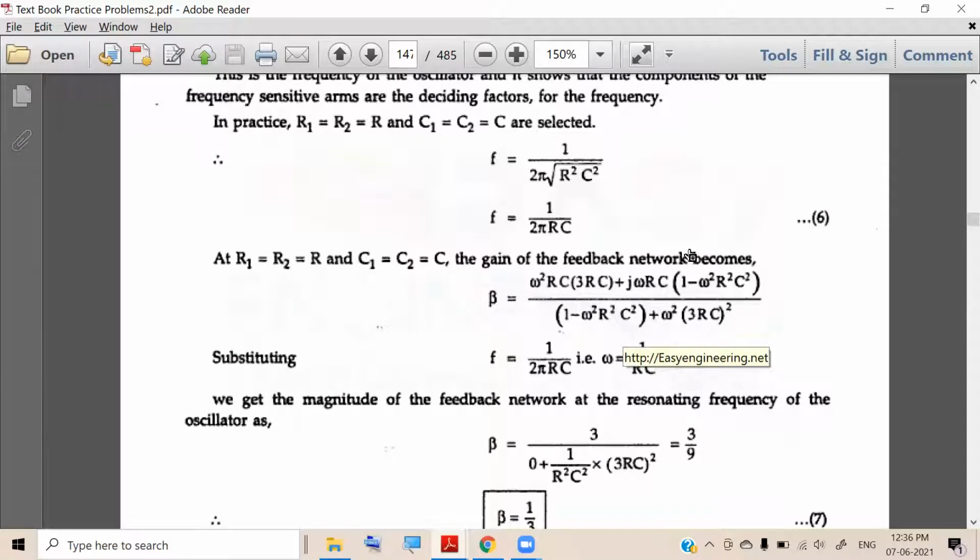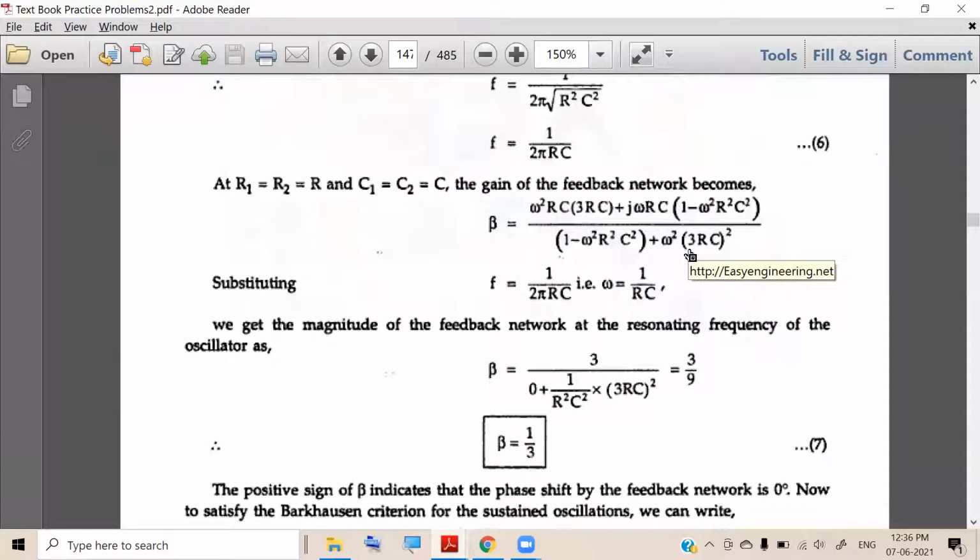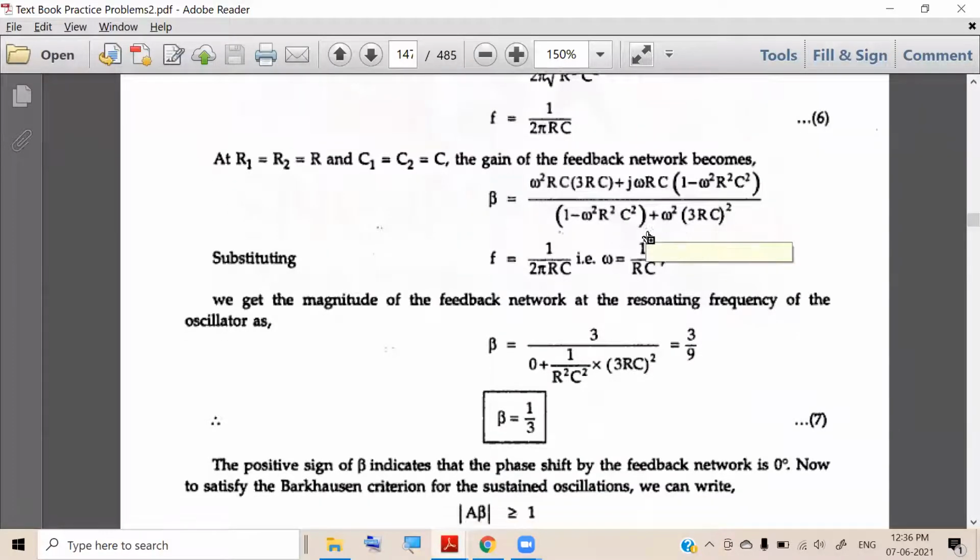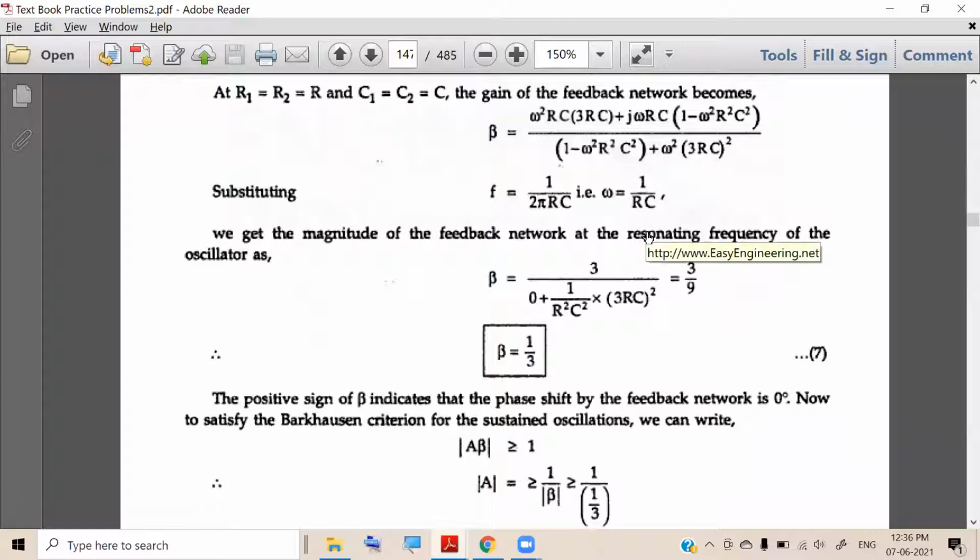Anybody answer? Students, tan 180 degrees. Zero. Okay, so tan 180 degrees is 0, right? So what we are considering, you know, the tan inverse of imaginary part by real part gives the phase shift.